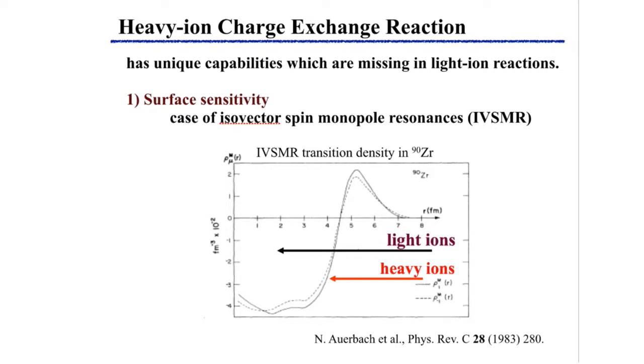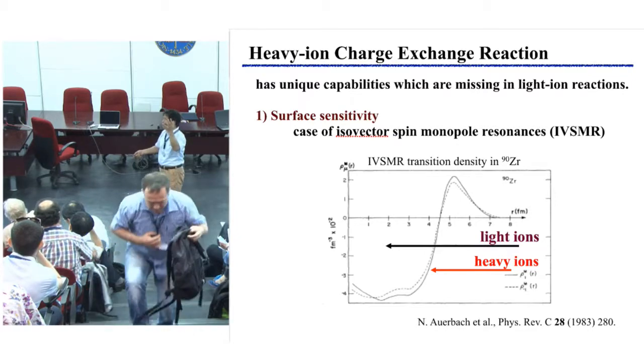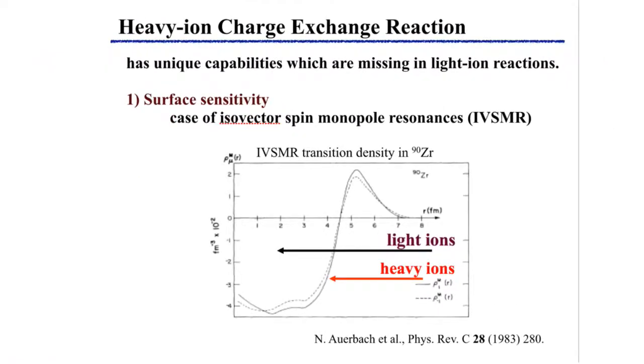We cannot probe isovector spin monopole resonances with light ions. But if we use a heavy ion, it is strongly absorptive, and we can probe only the surface, which results in a large cross section, and we can probe the isovector spin monopole resonances with a heavy ion. This is one property of heavy ion charge exchange reaction.